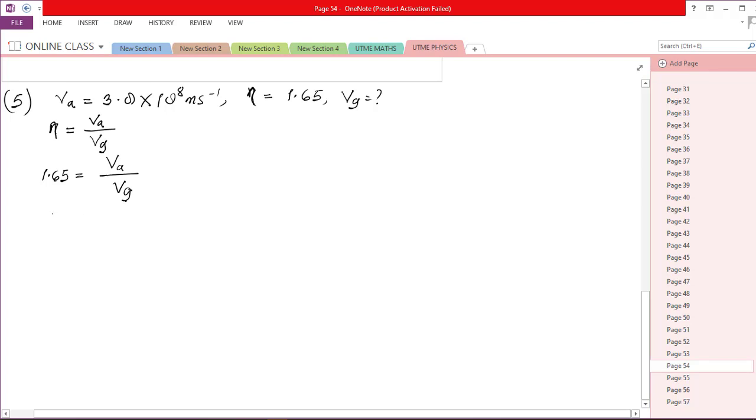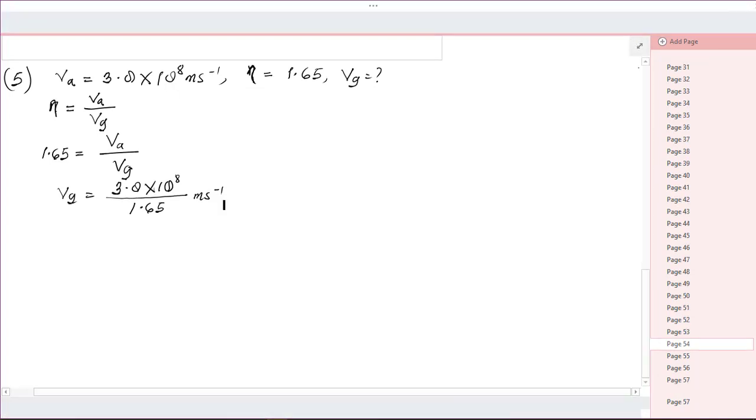So we have VG is equal to VA, which is 3.0 times 10 raised to power 8 divided by 1.65 in meters per second as usual. Now let me pick my calculator so that we can be happy for this.